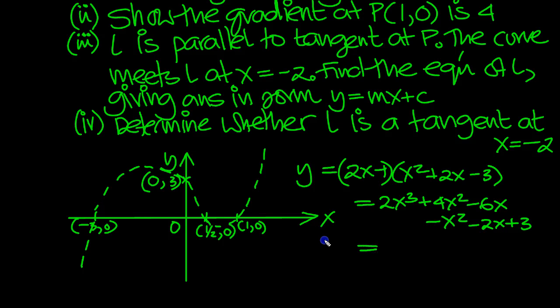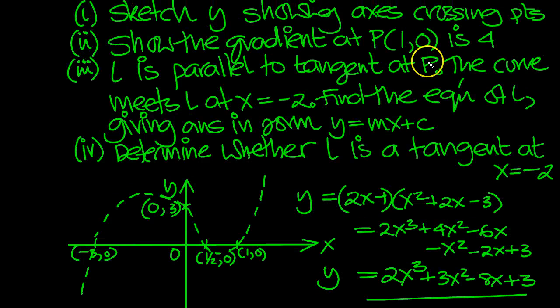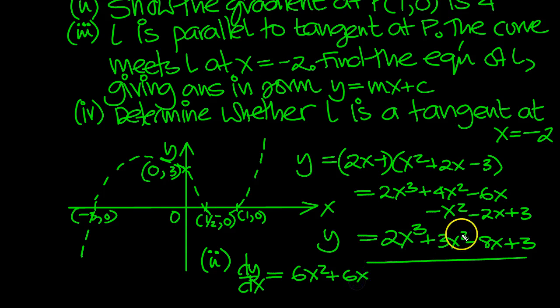Minus times a minus is a plus, so y is equal to 2 lots of x cubed, 4 minus 1 is plus 3 lots of x squared, and then minus 6 minus 2 is minus 8 lots of x, plus 3. So there's our y as a cubic function. And now we can get dy/dx for part 2, the gradient at P (1, 0). So dy/dx is equal to 6x squared. The 2 comes down to be with the 3 to make 6x to the 1 less, which is power 1. x goes to 1 and there's minus 8 lots of 1, which is minus 8, and the constant goes to 0.